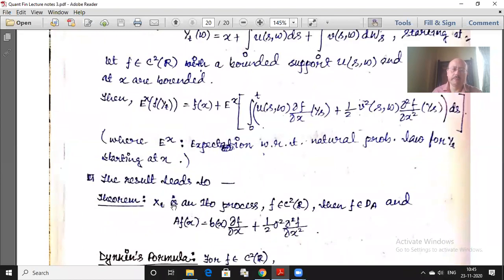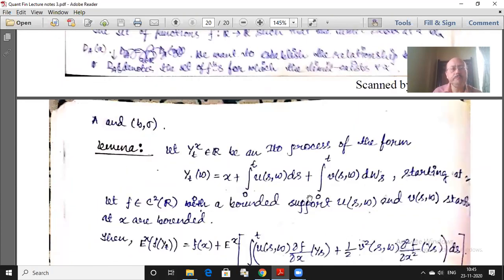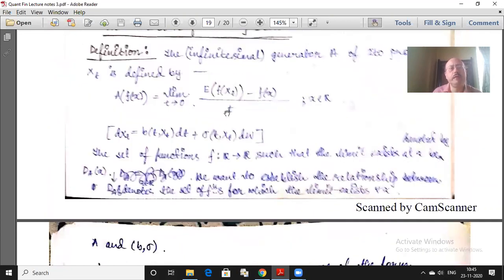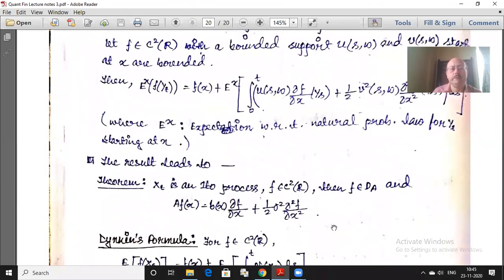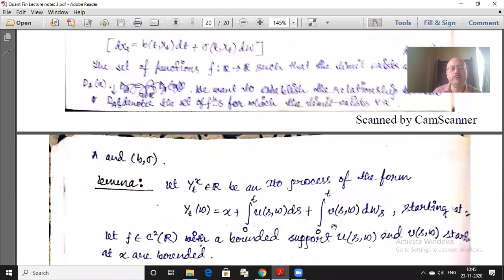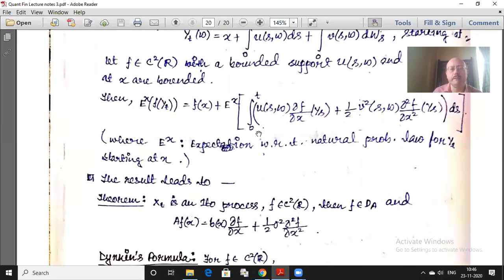So this is the actual result: if X is an Ito process and f is C^2 with bounded support, then f belongs to D_A. So D_A is basically the whole of all of this. And for this generator Af(x), if you now substitute for this expectation by this expression, you can figure out that if I take the limit, that limit will work on this integral here.